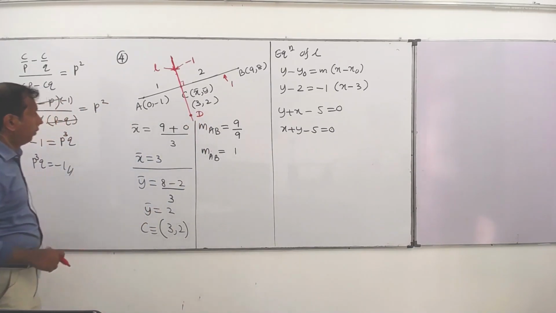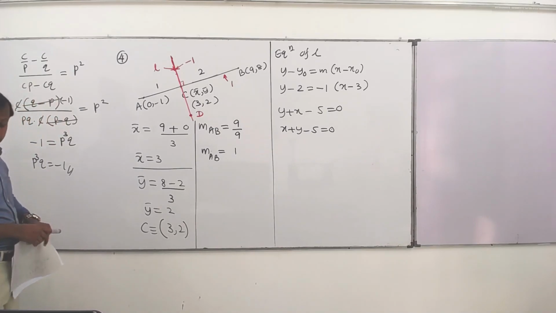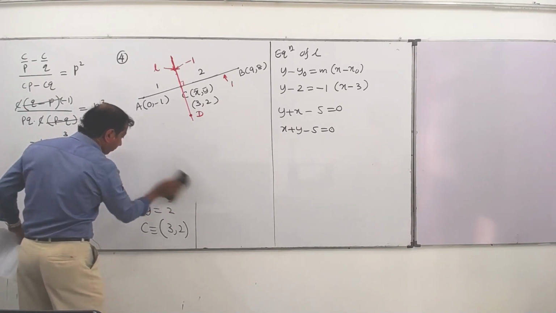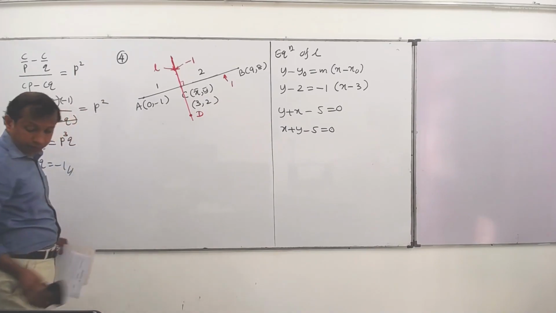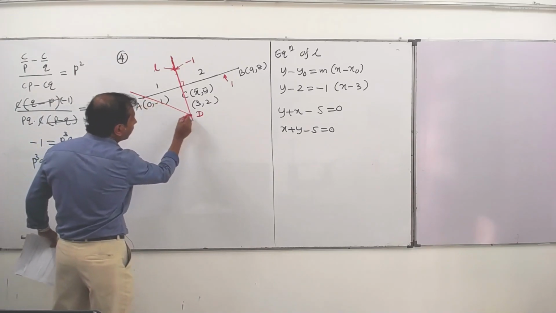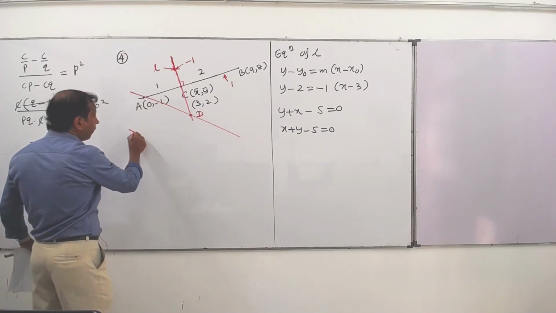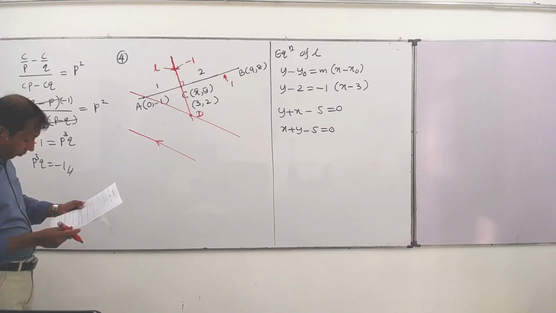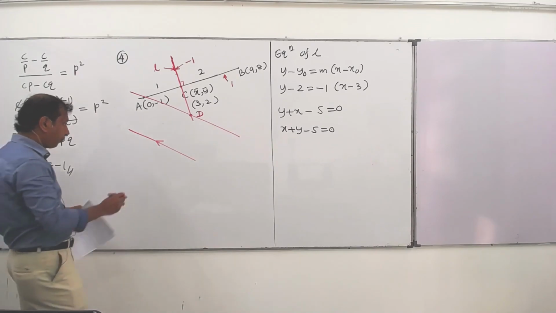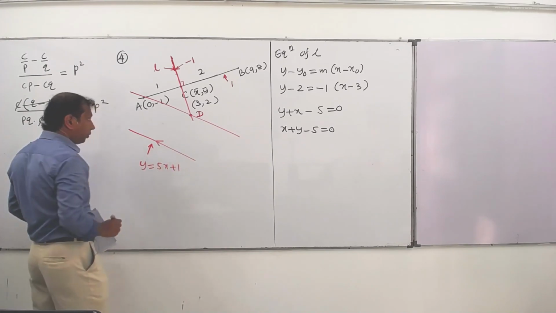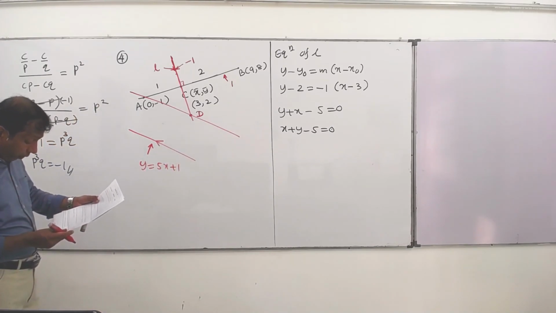Now D is a point on the line L, so that when we join AD, that AD line is given parallel to the line y equals 5x plus 1. Then we are asked to find the coordinates of D.